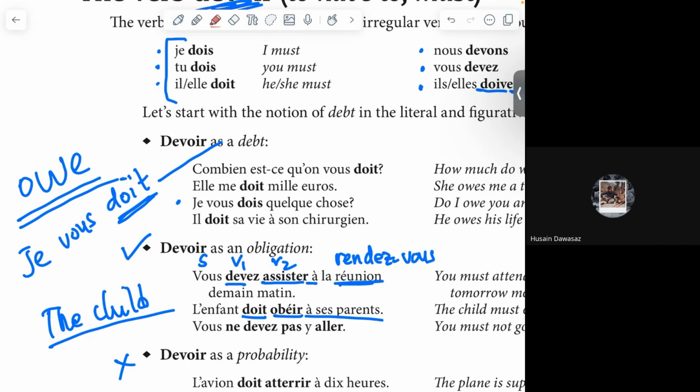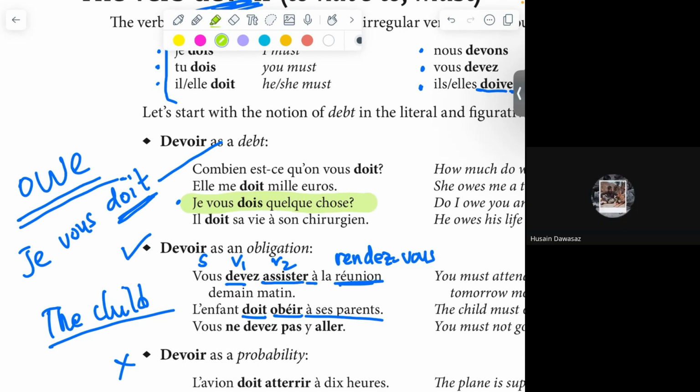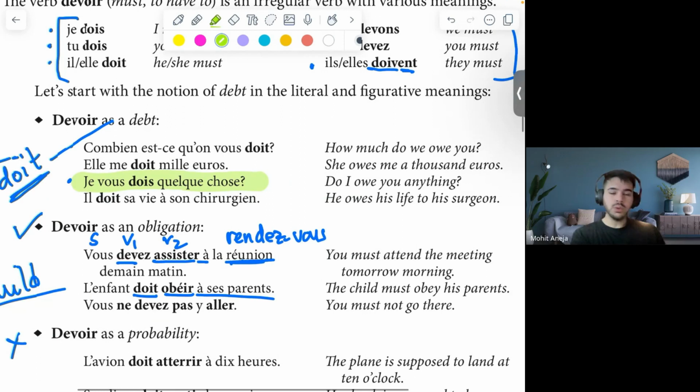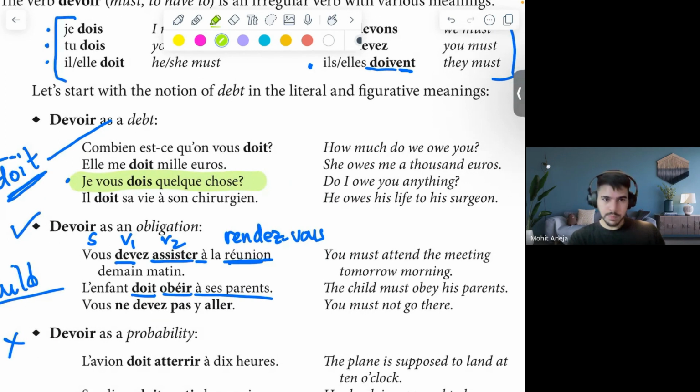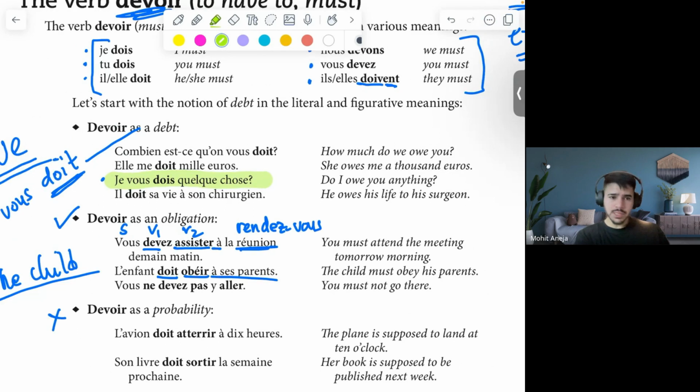Okay, je vous dois quelque chose. Yes. Desika, can you ask Hussein the same sentence? What does it mean? Je vous dois quelque chose. Do I owe you anything? Do I have to give you any money? And in general, do I owe you anything, meaning is something left on your side that I have to give? Cool. Desika, can you ask the same sentence to Hussein?